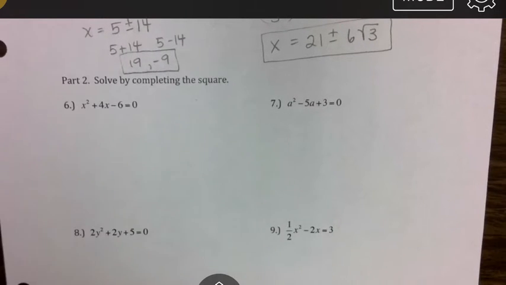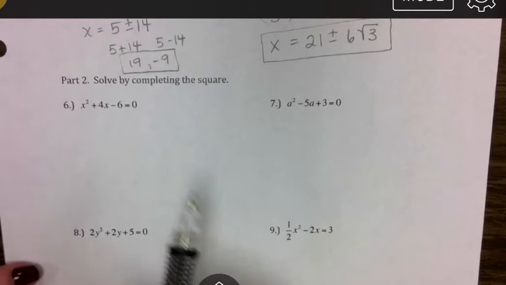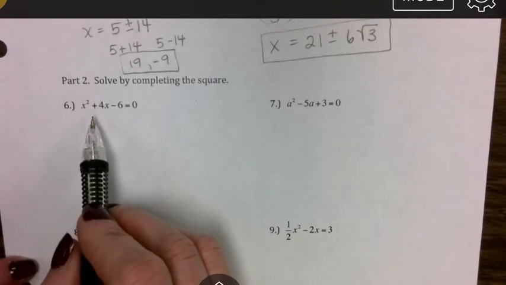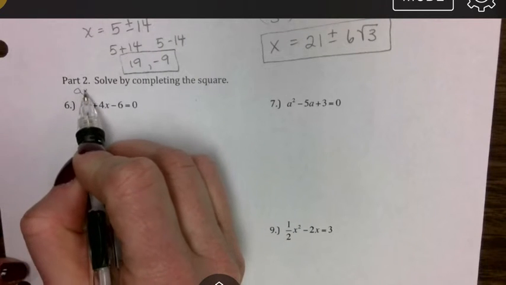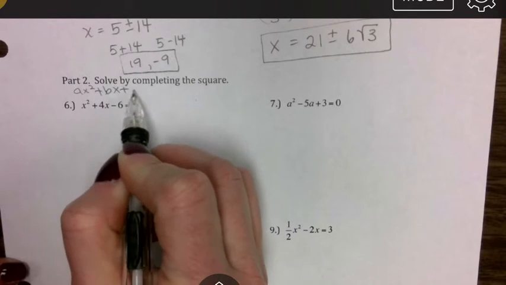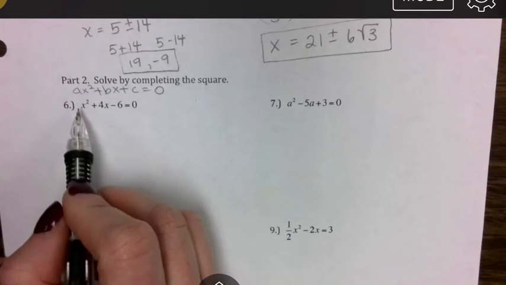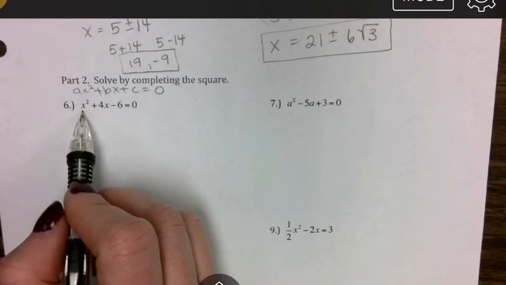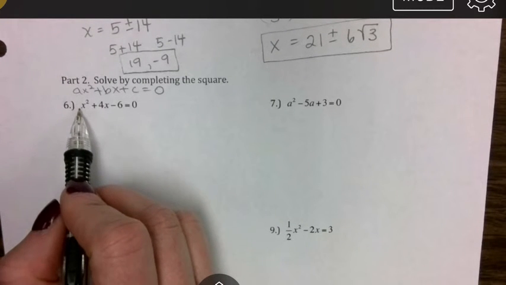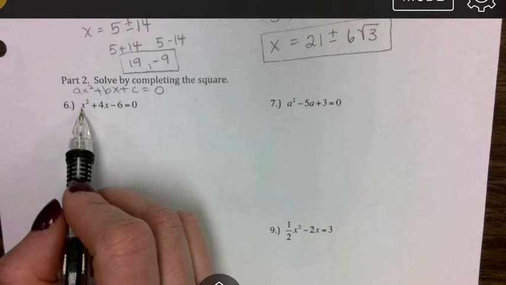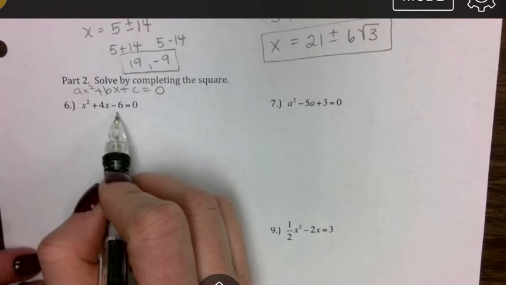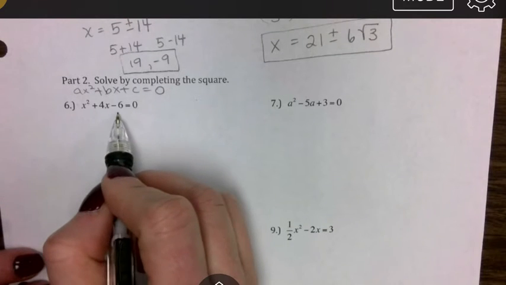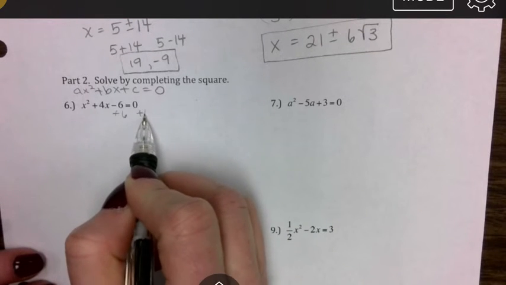So these are the steps that you would have to do first of all. With completing the square, your a, because this is in the ax squared plus bx plus c is equal to 0 form, your a has to be 1. So first of all, I want to make sure there's no coefficient on x squared. Then, as long as I have that, the first thing I'm going to do is add this c over.